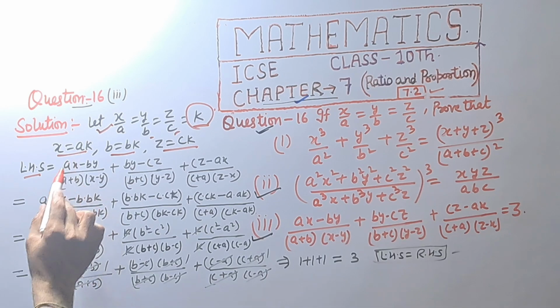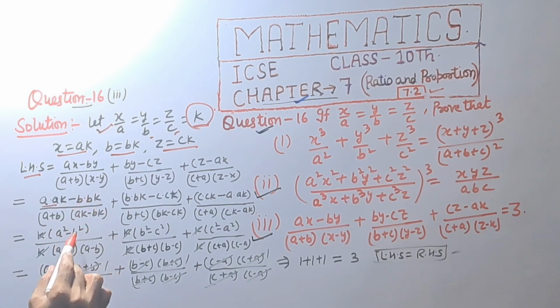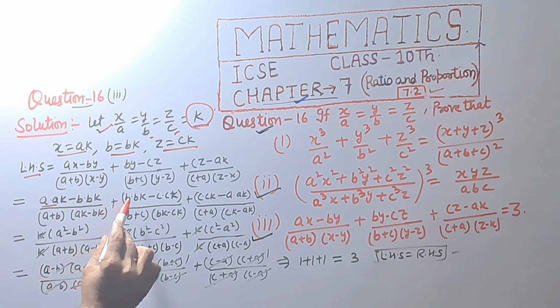We are putting x is equal to ak. This will be a square k minus b square k, and k is taking common.